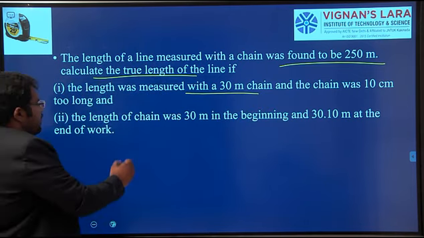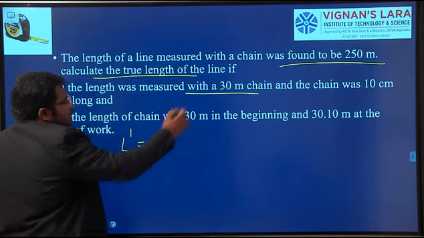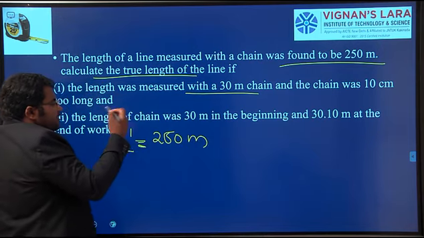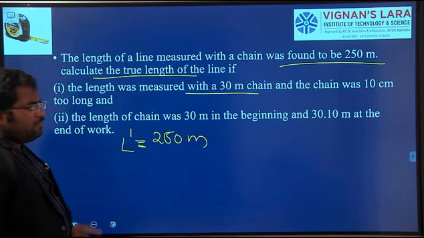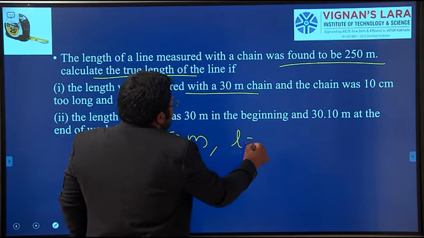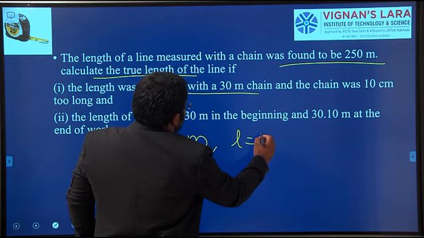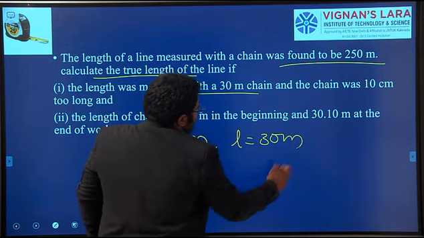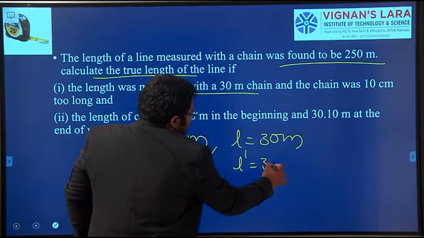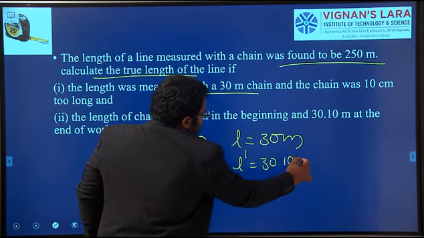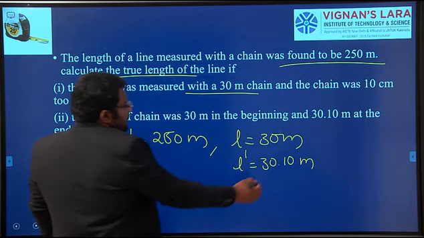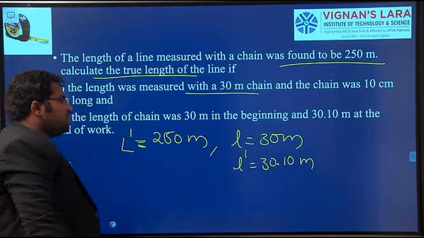L dash is equal to 250 meters, the measured length, which is not the correct value. I am using a chain that is 30 meters but has an error of being too long. Too long means 30.10 meters, because 10 centimeters is 0.1 meter.